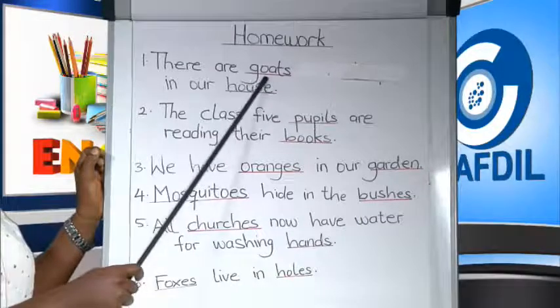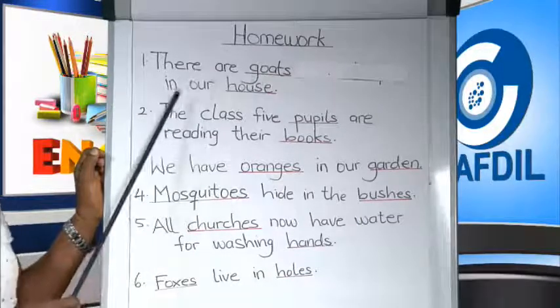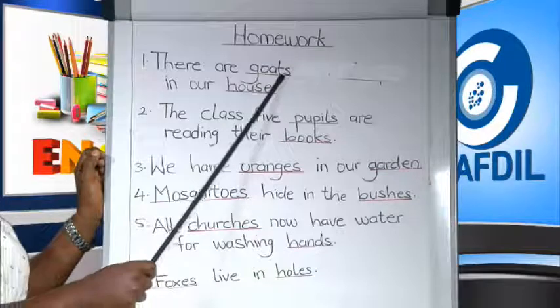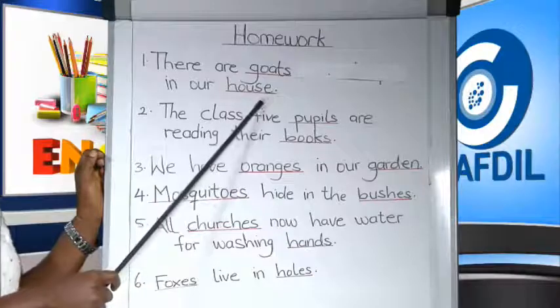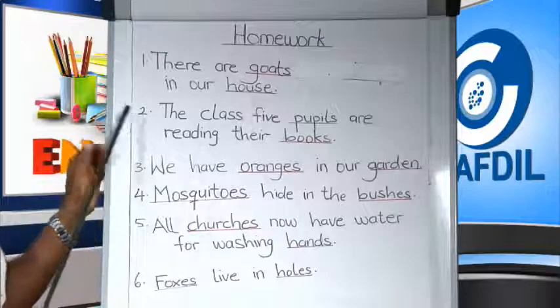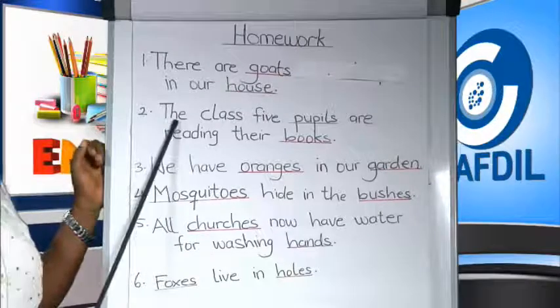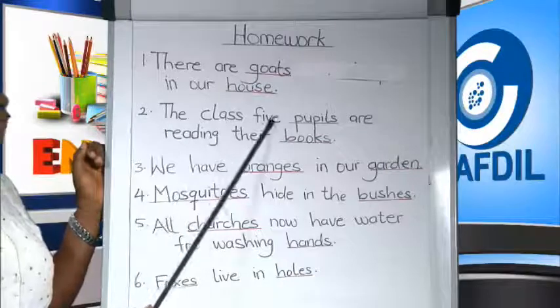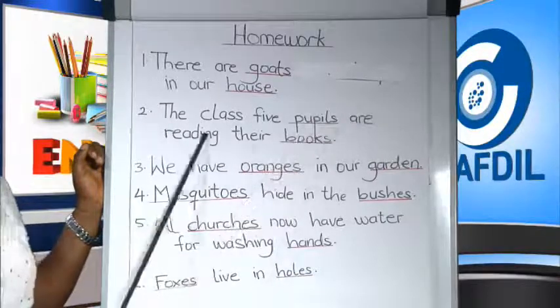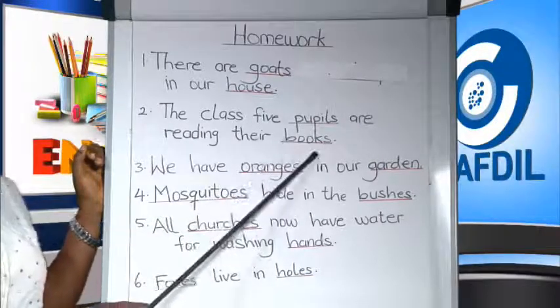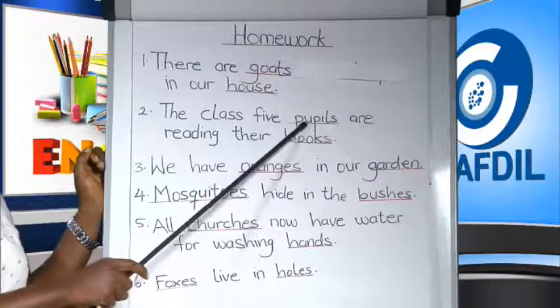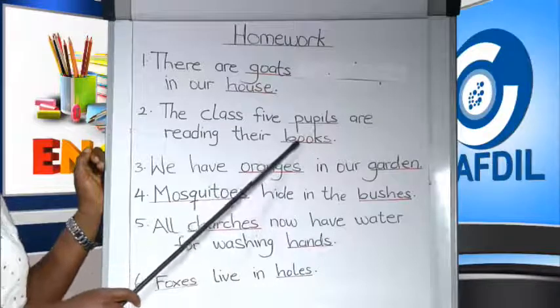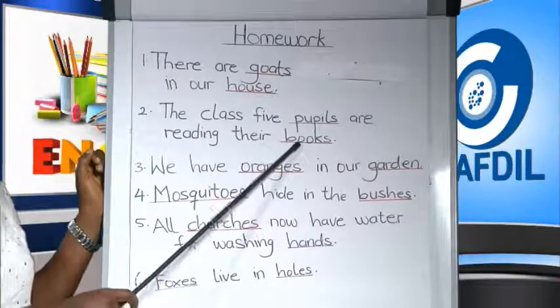So we have underlined the countable nouns in it. We have goats as countable and house as countable noun. Number 2, the class 5 pupils are reading their books. So we have pupils as countable noun and books as countable noun.